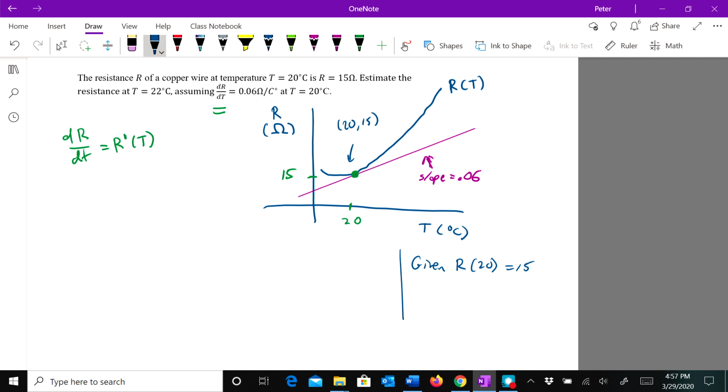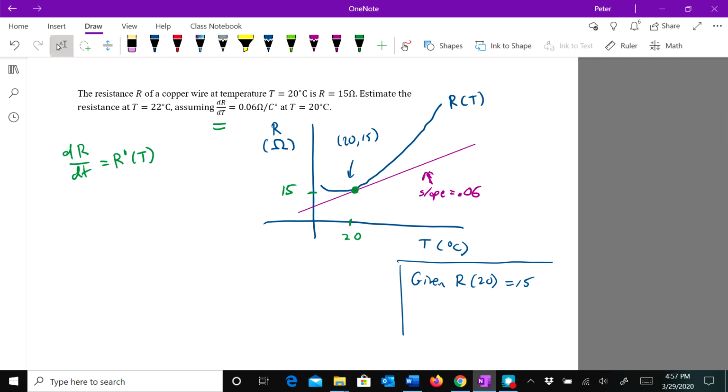Here are our givens. We have given R of 20 equals 15 for the reasons I just explained, and R prime of 20 equals 0.06. That's the information they're giving us in the problem.